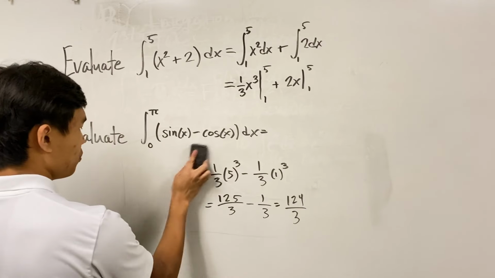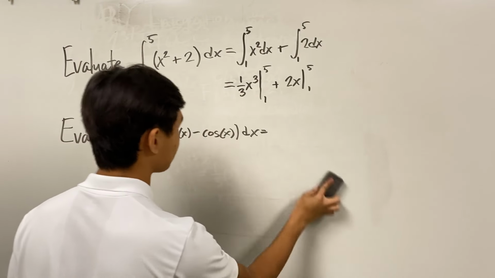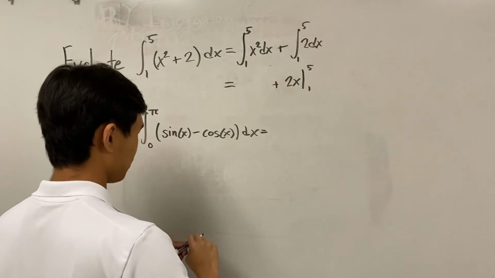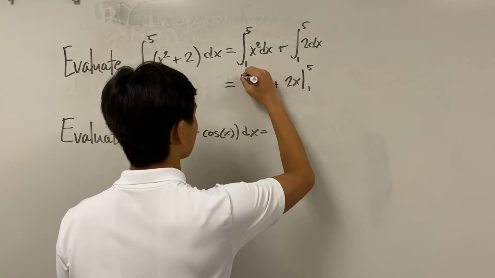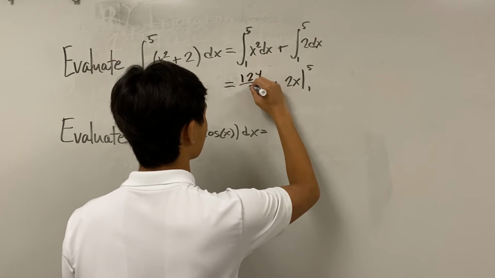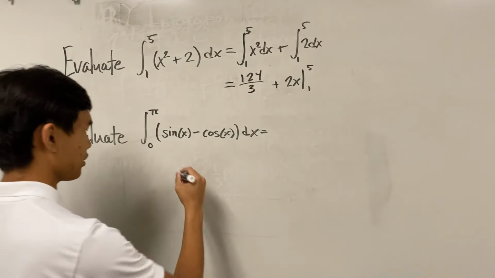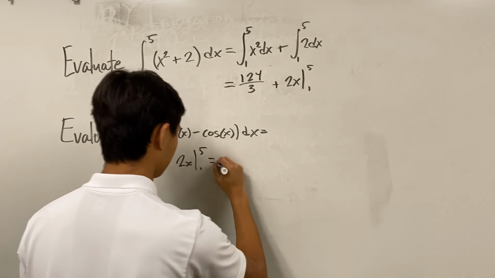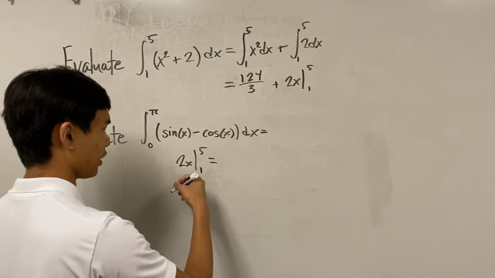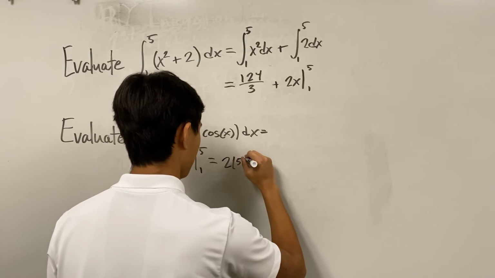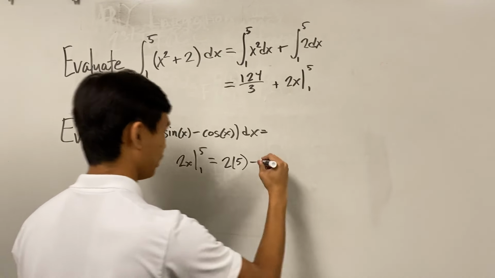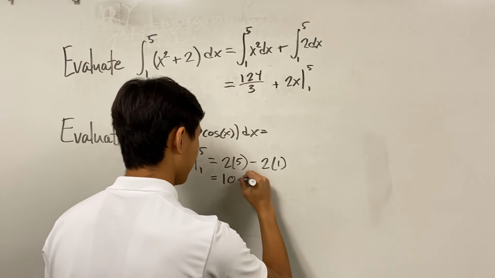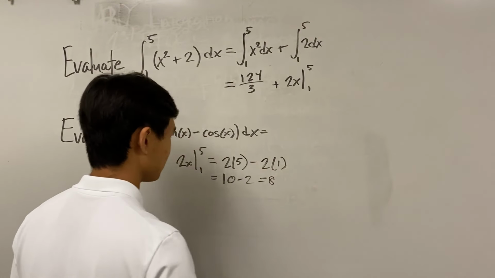So we can go ahead and substitute this here. And now let's evaluate this. Same deal, we're going to plug in 5 and subtract and plug in 1. This is 10 minus 2, which is 8.